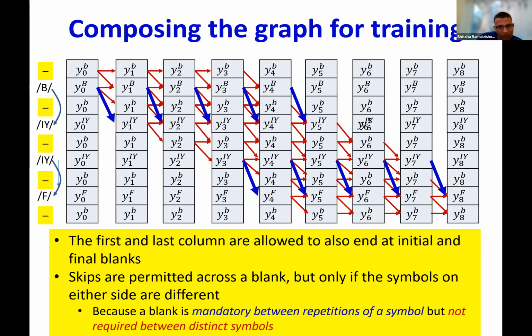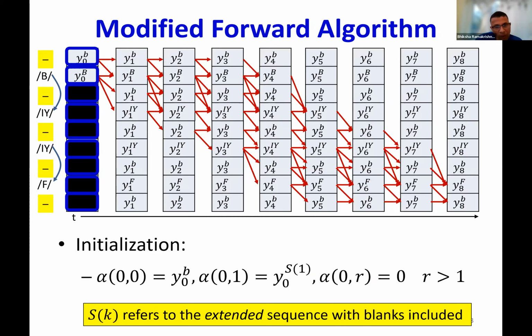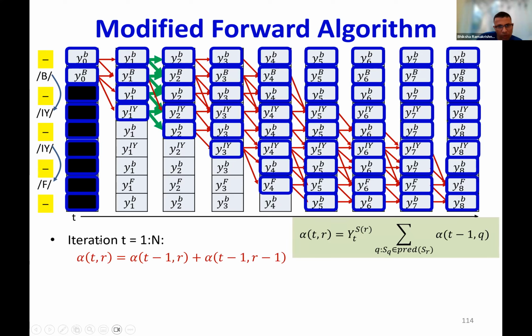And now, the forward algorithm is very straightforward. You would have the symbol probabilities in these first two entries of the table. The rest of them are zero because these are not permitted as the first node in any path from the beginning to the end. Then for subsequent rows, at each node, you would be adding the alphas of the two parents.